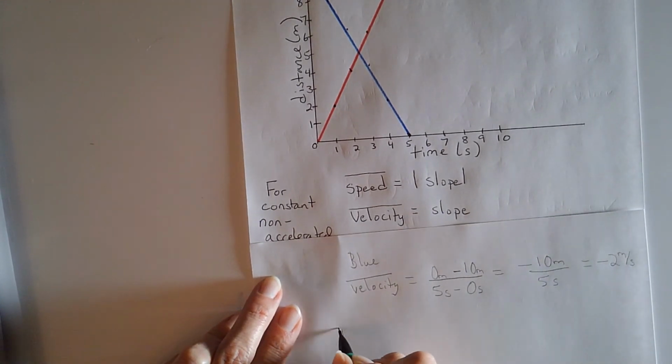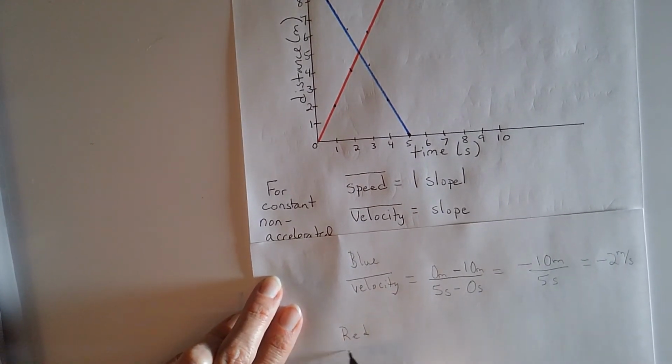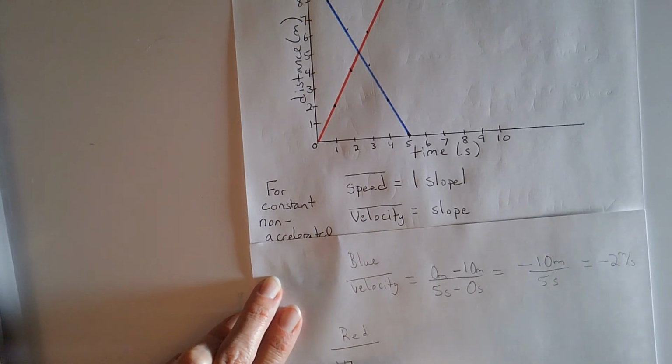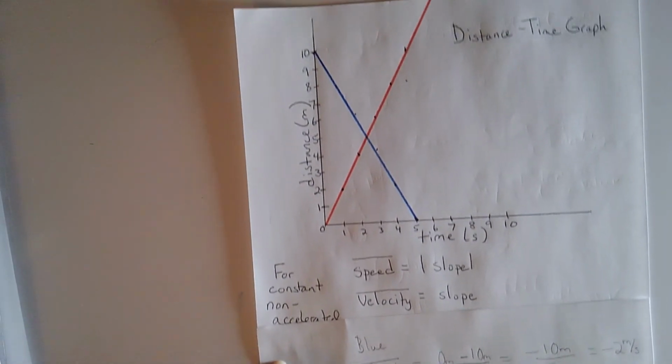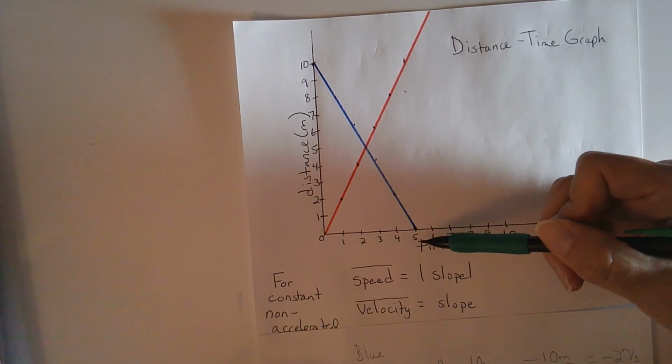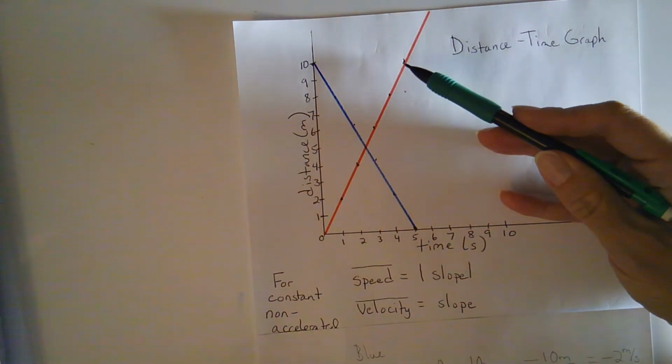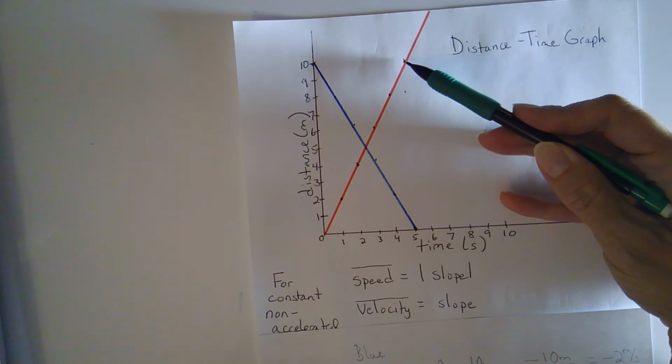All right, now for the red line. Average velocity for the red line is equal to slope for the red line. Okay, so coming back up here, at a time of 5 seconds, the red is at a position of 10 meters.